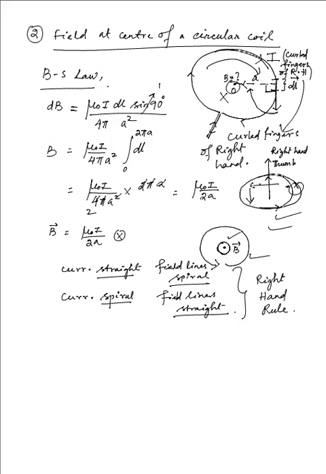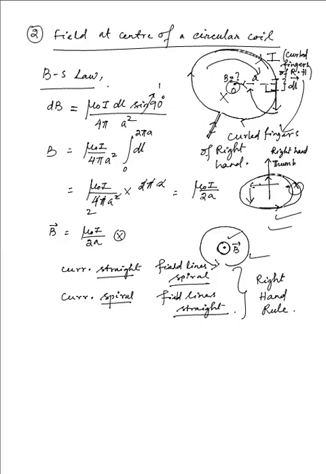So now we are done with the second application. We'll be discussing an extension of this application in the next part, in this video itself, that is the field along the axis of this circular coil that we have considered. But before that, I would like to discuss a special case for this.